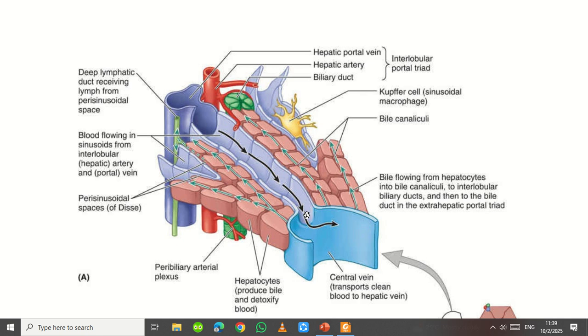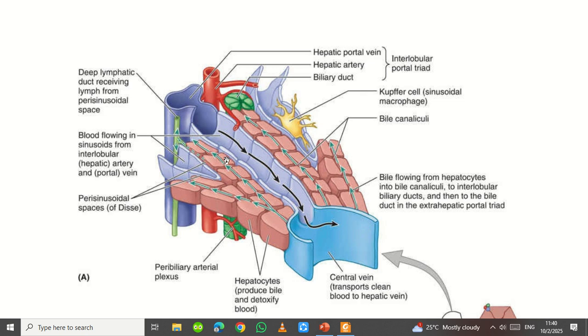In the opposite direction, you're going to have what you call bile canaliculi. These are your bile canaliculi. So bile will be flowing in the opposite direction to the blood in the sinusoids. You understand? Good. So these bile canaliculi will meet the bile ductules and later form the hepatic bile duct.